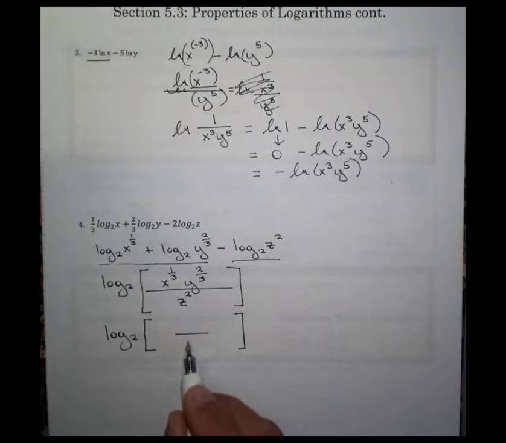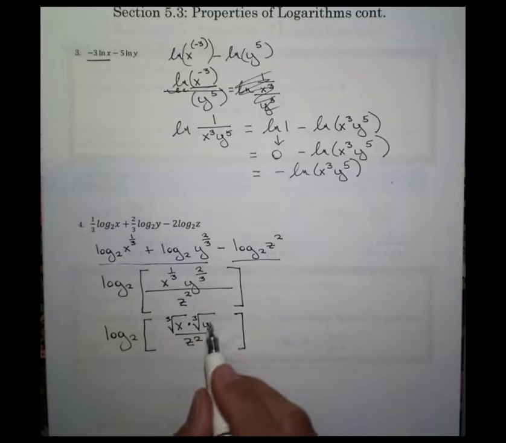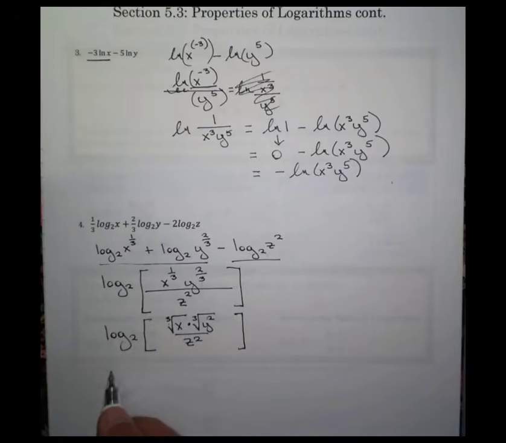I'm still going to have in the denominator z squared, but I'm going to change this into the cube root of x times the cube root of y, and this time I'm going to leave the exponent under here, y squared. Now I recognize the fact that I've got two cube roots multiplied together, so I can just put them under one radical sign, can't I?